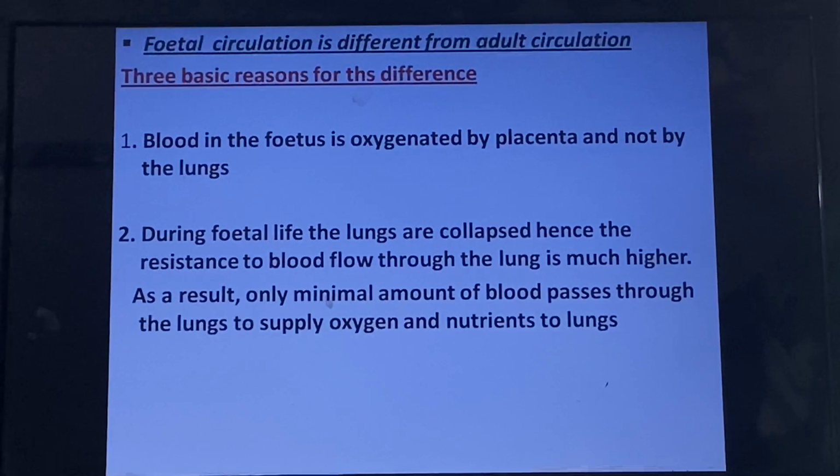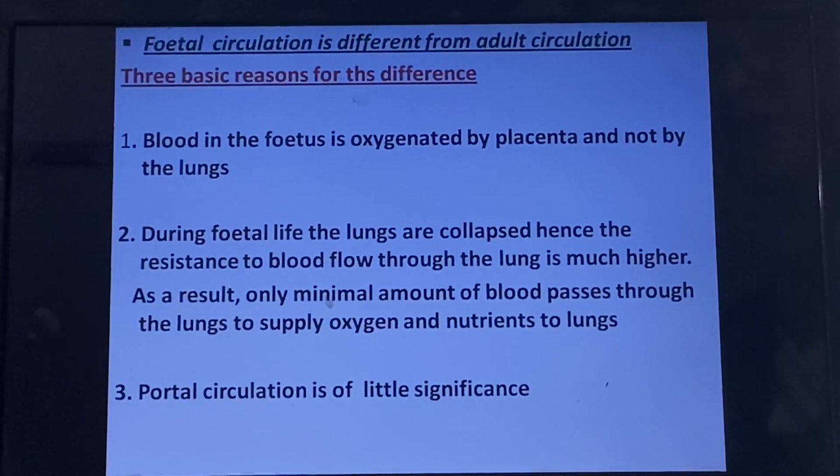As a result, only a minimal amount of blood passes through the lungs to supply oxygen and nutrients to the lung. So this is the difference: because they are not inflated, the lungs are collapsed in the fetus, so resistance is high. Then third, portal circulation is of little significance during fetal life.